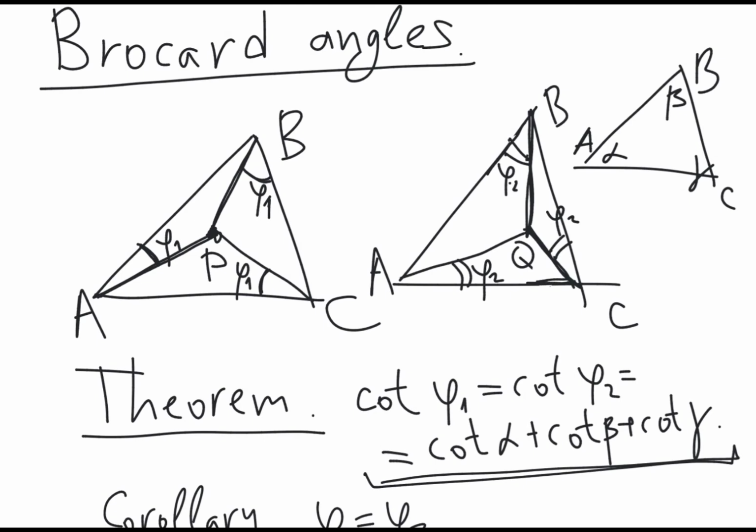Maybe I'm missing something obvious, but I don't see a simple argument that would prove directly that these two angles are equal. If somebody knows this, you can write in the comments.